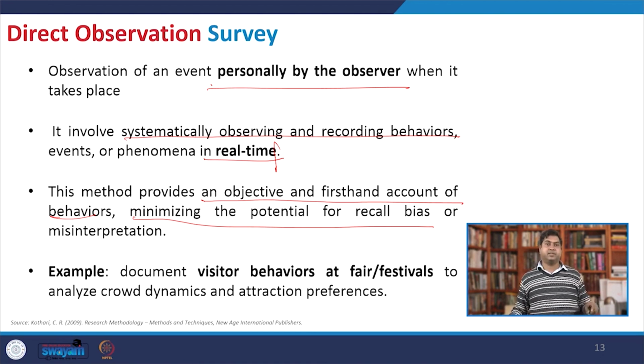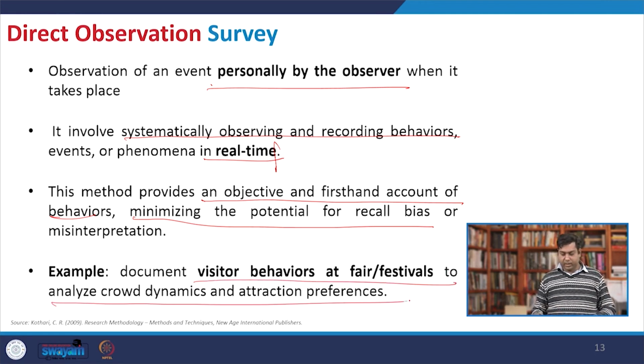So, in this case it is not that you recollect from memory what you have seen and then you represent it. It is instantly happening, currently in real time. For example, document visitors' behavior at a fair or festival to analyze crowd dynamics and attraction preferences.